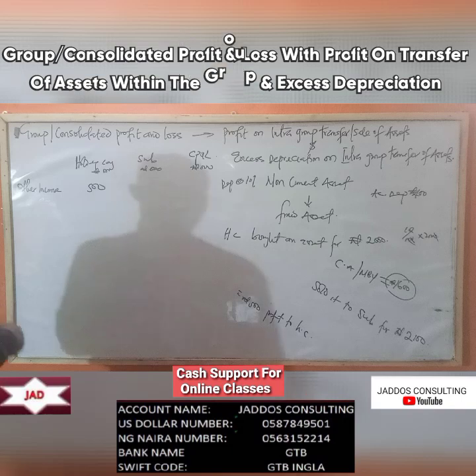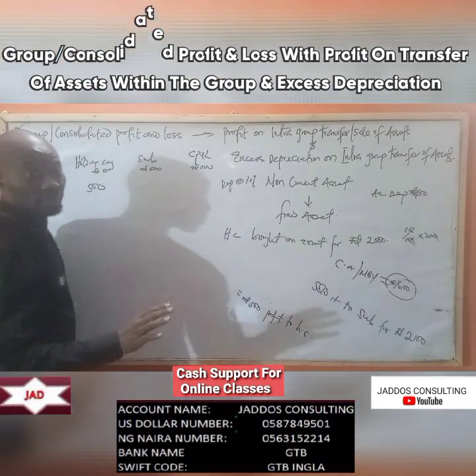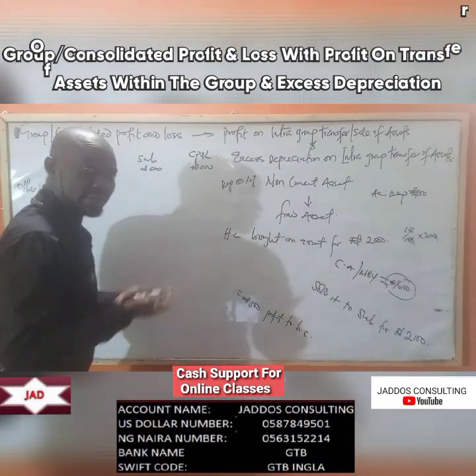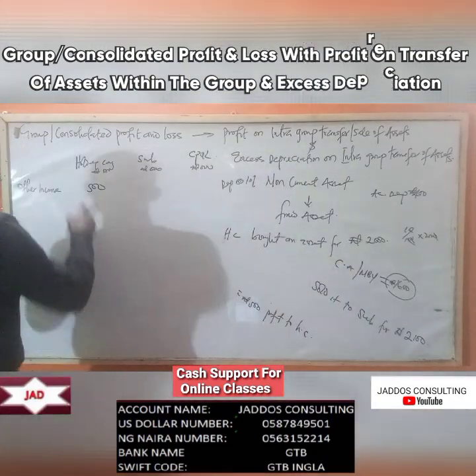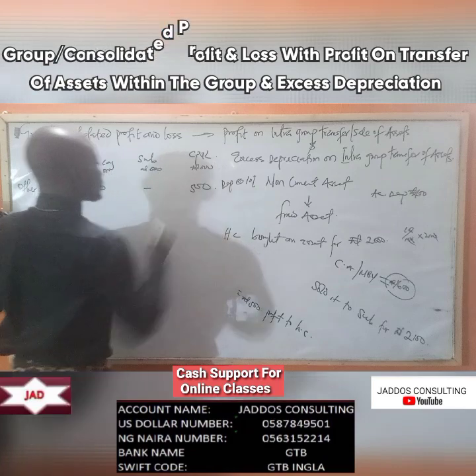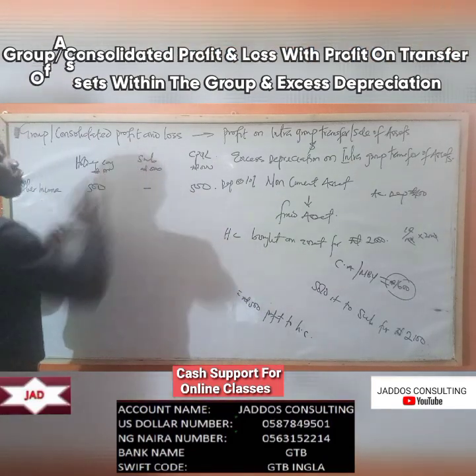Now, that is at separate entity level. But when you want to consolidate, it would have been 500 plus the subsidiary's, to give you 500, assuming the subsidiary does not have any other income.